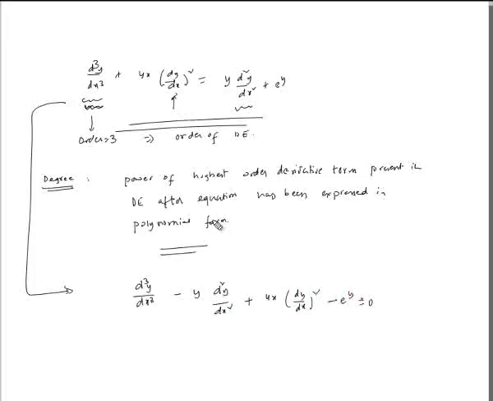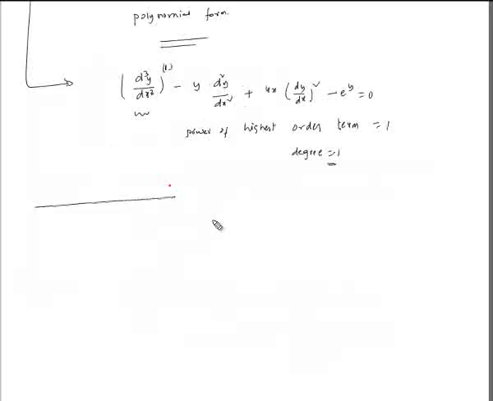This is how you express it in polynomial form. Now the power of this is basically 1, right? So the power of the highest order term is 1 here, and hence that is the degree of the differential equation. So we have seen how to find the order and the degree of the differential equation.